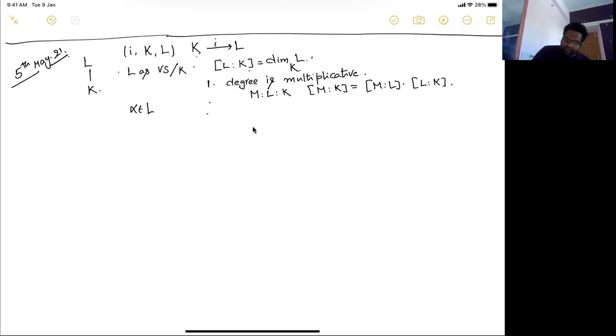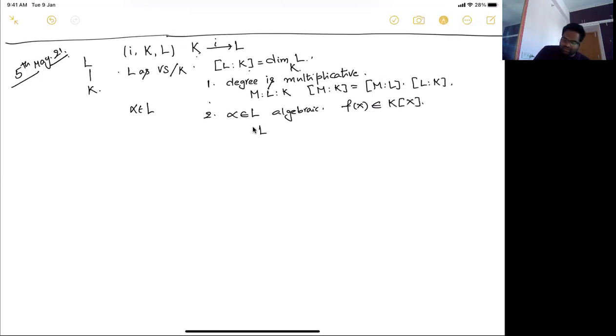And then we defined the notion of algebraicity. An element alpha in L is algebraic if it satisfies some polynomial f of x in K bracket x.